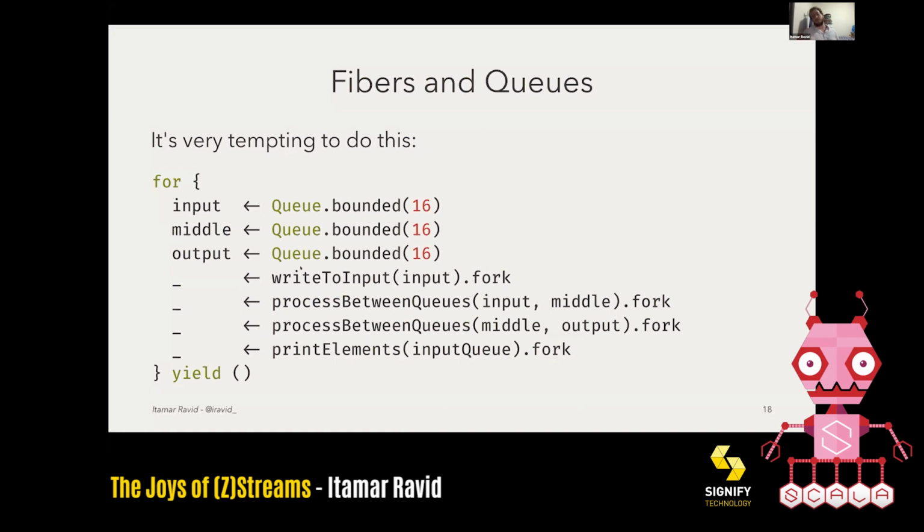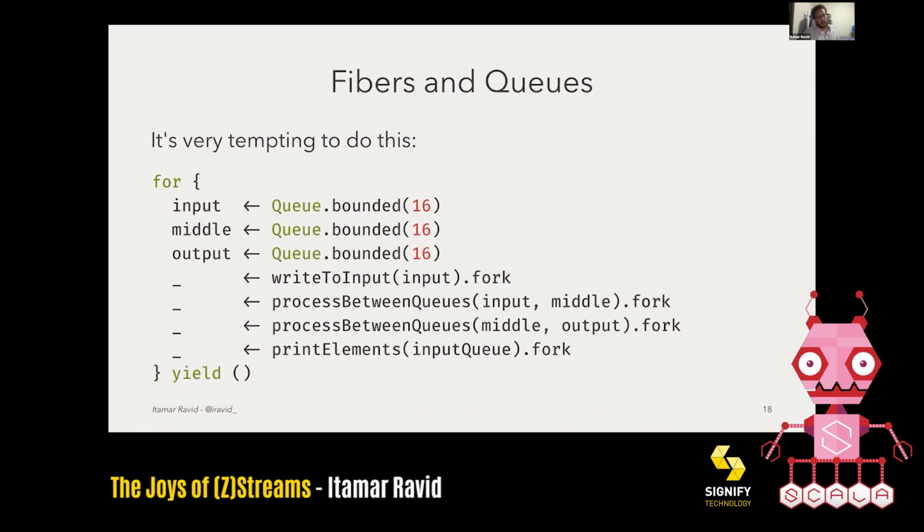We should first shut down the input, then this one, then this one. Well, this is hard to get right using fibers manually. And even worse, we don't have any sort of functionality for graceful shutdown here. I mean, we want to shut down this fiber and then drain all the queues. And once they're empty, we want to shut everything else down. This is hard to get right.